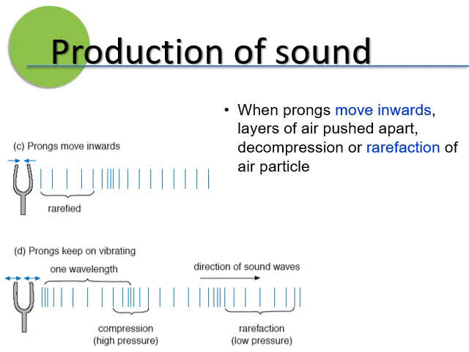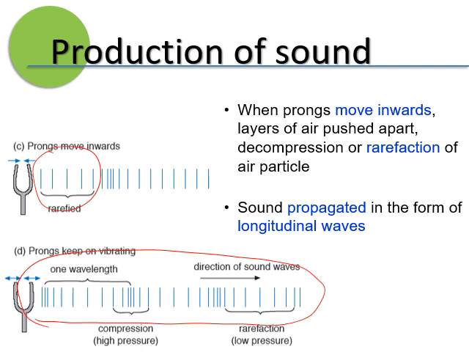We call this area the decompression or the rarefaction of the air particles. These prongs keep moving in and out, and we have this whole series of compressions and rarefactions. The direction of the sound wave in this case is to the right. So sound is propagated in the form of longitudinal waves.